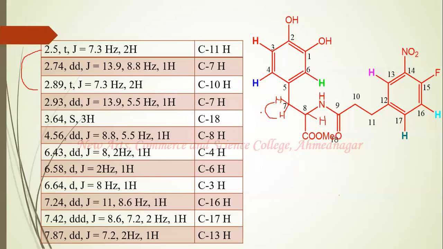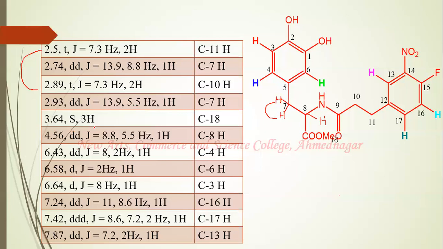The proton present on this C7 will have 5.5 Hertz coupling constant value with C8 proton. The two coupling constant values for protons present on the C7 with C8 proton are different because the two protons on C7 carbon atom make different dihedral angles with the C8 proton. Therefore, different coupling constant values are observed for C7 protons with C8.